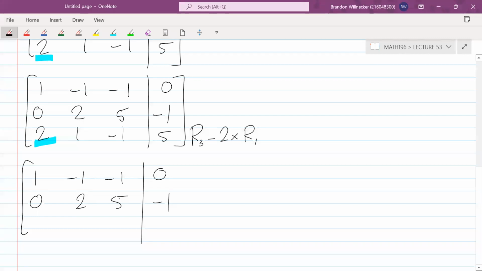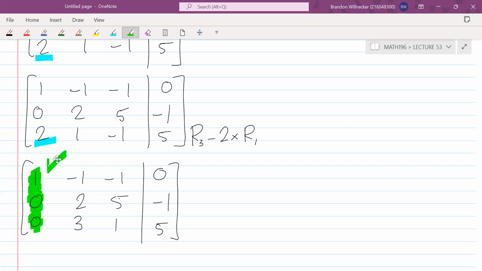And then for the last row, we're going to get 0, 1 minus 2 times -1, so that's going to be 3, -1 minus 2 times -1, that's going to give us a 1, and the 5 stays a 5. Okay, so if you look at the first column, we get 1, 0, 0, which is what we wanted. So that part is done.